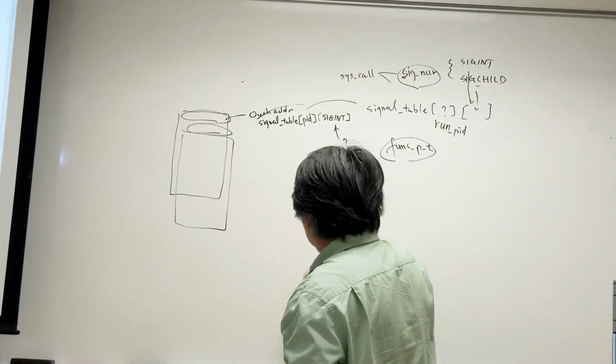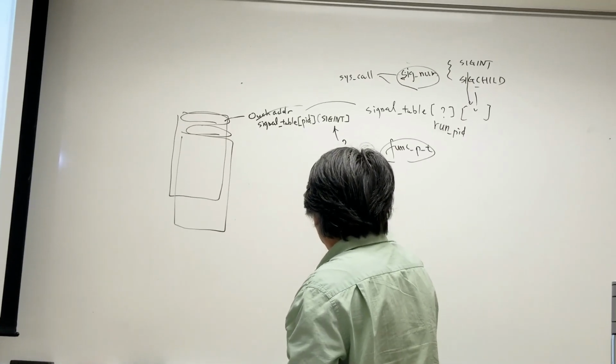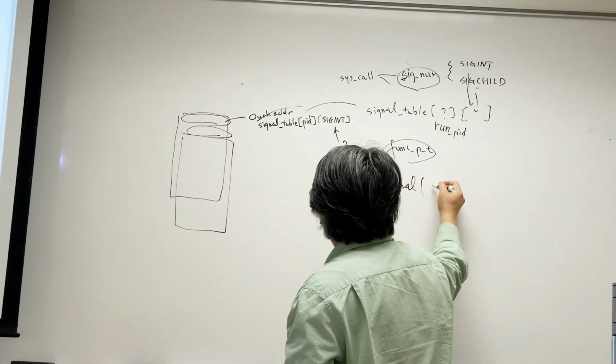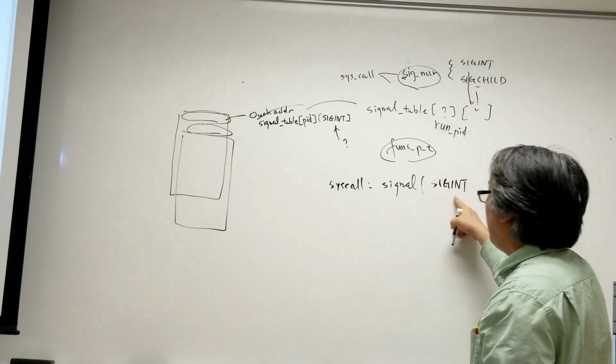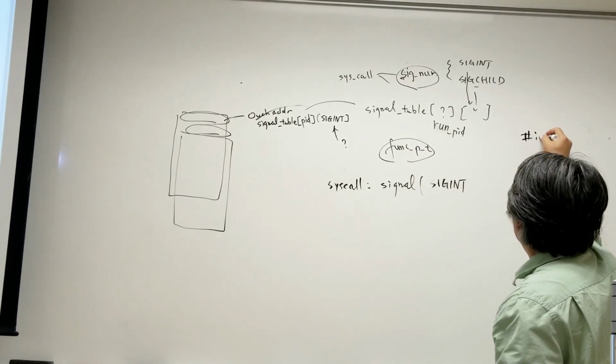Syscall signal is the signal call with the SIG-in given. So that's a commonly known constant, and that's included in the C code.